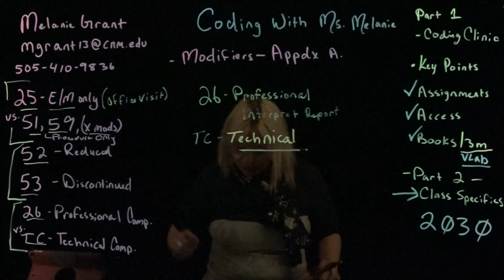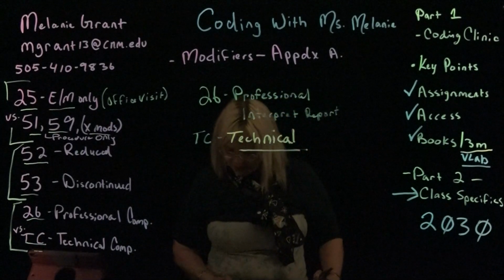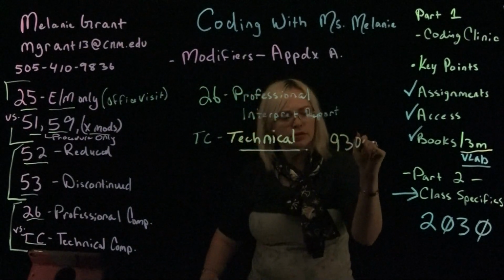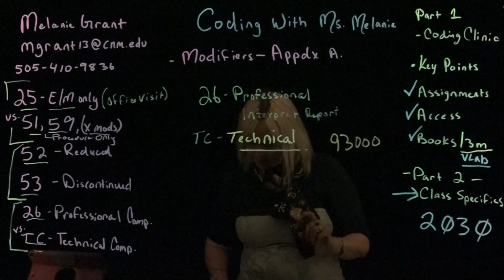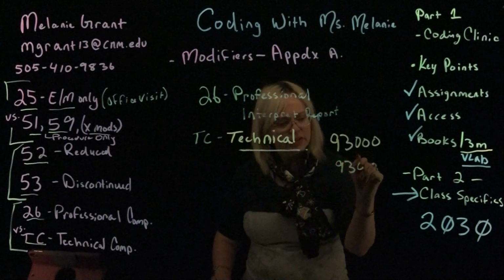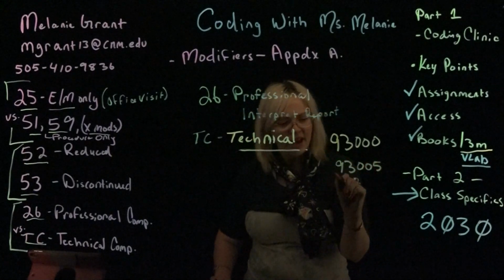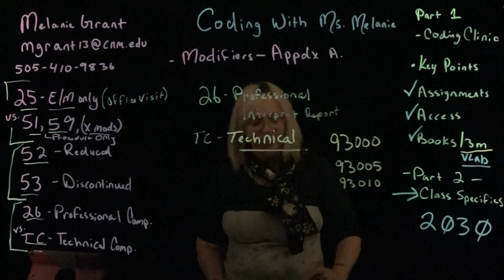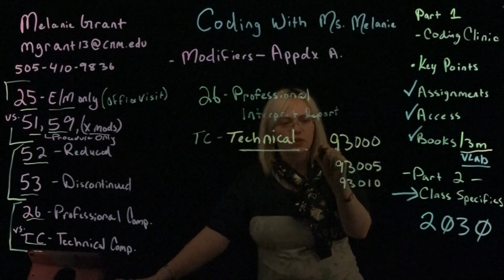It's always when you're trying to flip through something that you can't find it. There we go. So 93000 versus 93005 and 93010.